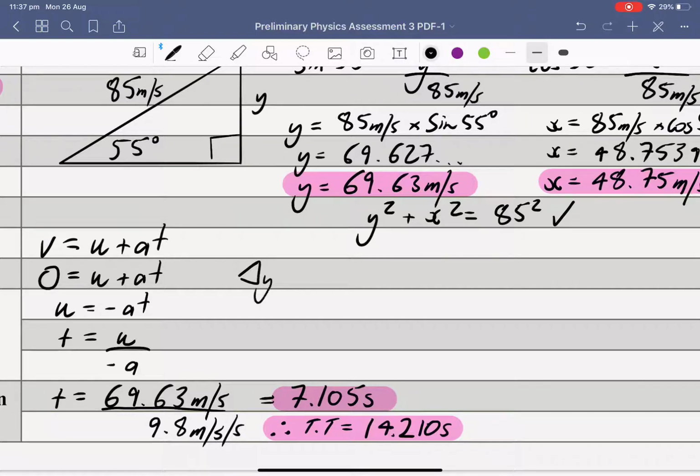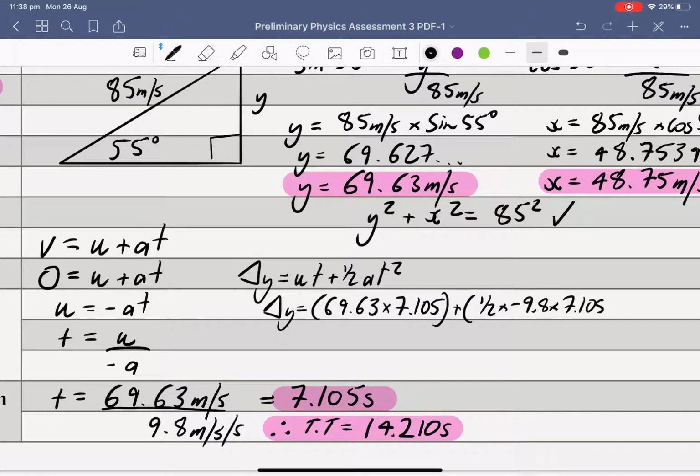delta y equals ut plus a half at squared, which is going to become the initial velocity in the y, so 69.63 multiplied by our time to max height, 7.105, in brackets, plus a half times negative 9.8 times 7.105 squared.